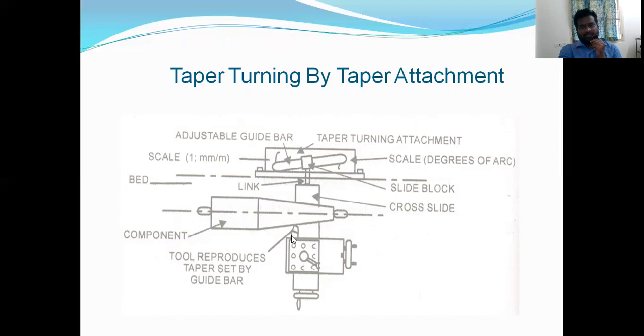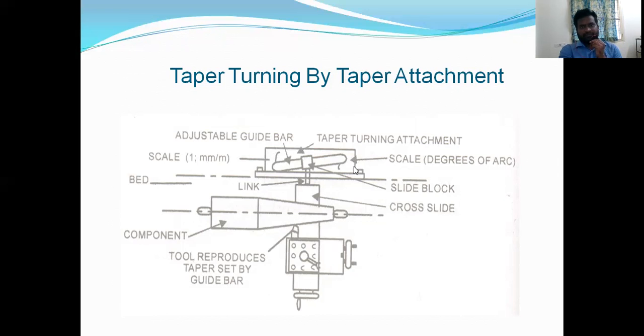We are not making any inclination of the cutting tool. We are just attaching a taper attachment here, and we are giving our desired angle here only. After giving the desired angle here, automatically the cutting tool moves with that desired angle. With that angle, it can produce the taper on the workpiece. So the length, how much?